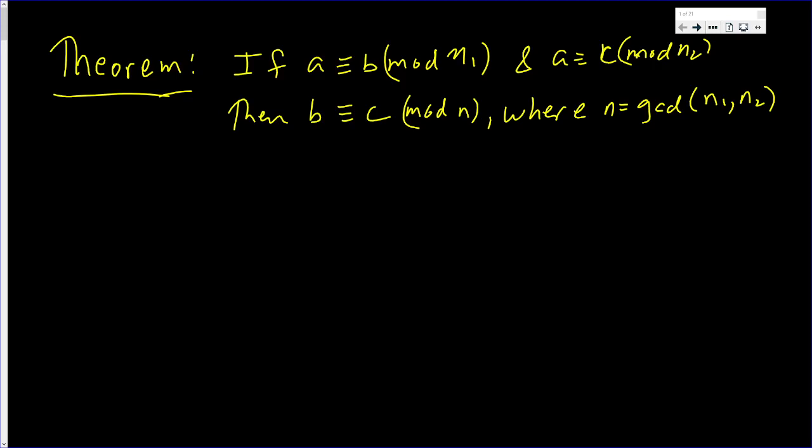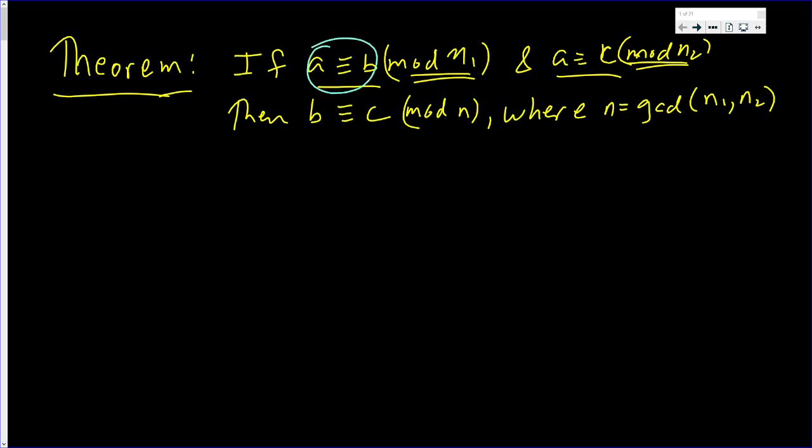In this video, we're going to prove the following fact. If A is congruent to B, and A is also congruent to C, except the congruency is with different mods, mod N1 and mod N2, then you kind of have the transitive property.